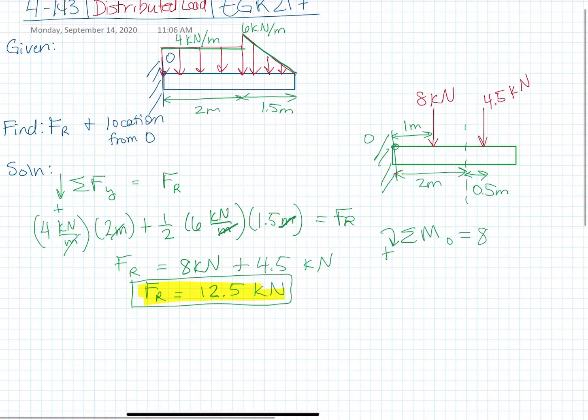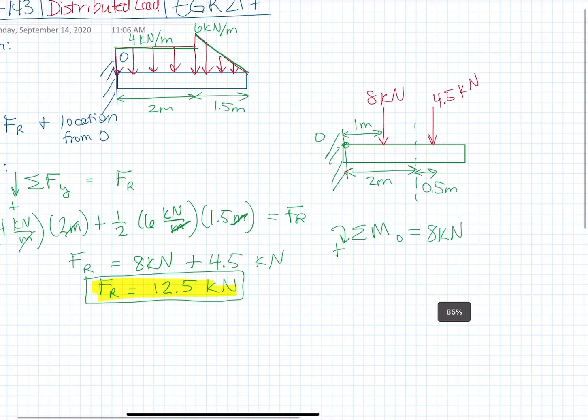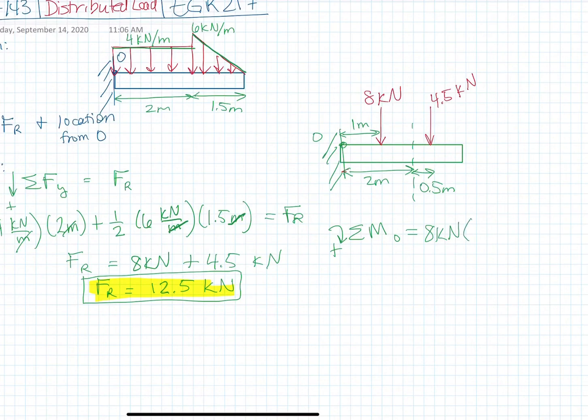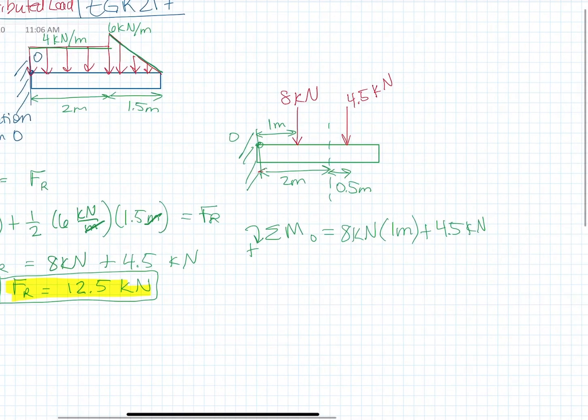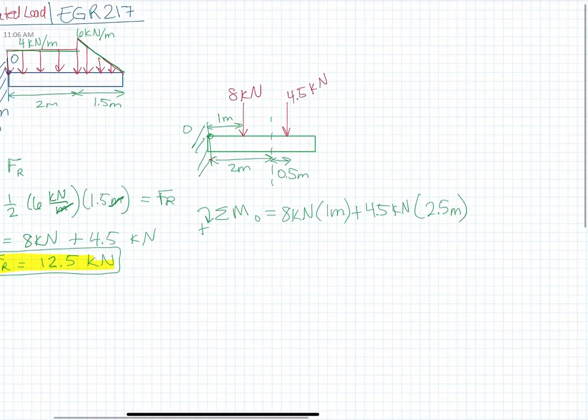So that's 8 kilonewtons times 1 meter plus 4.5 kilonewtons times 2.5 meters. And then we know that's going to equal that resultant force that we found times that distance, and that distance is what we're actually looking for.